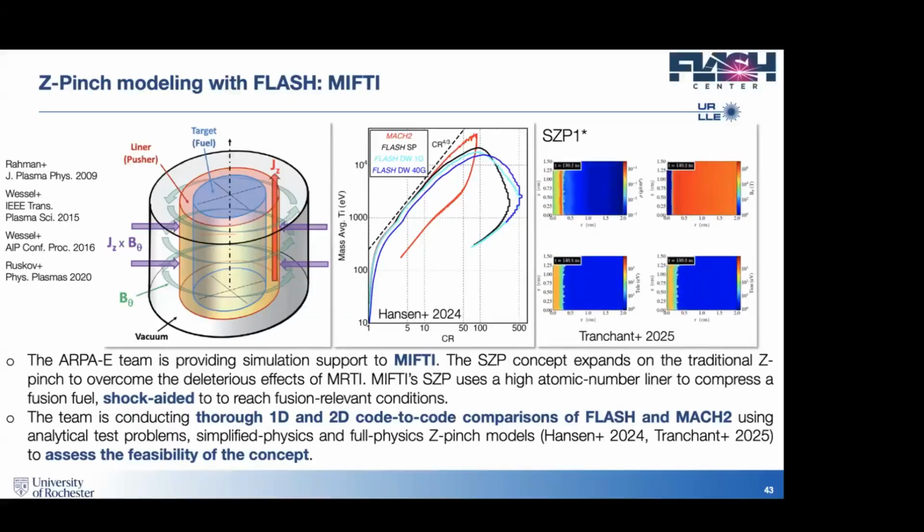So we have actually worked with a company called MIFTY to try and provide them with simulation capabilities to model their state Z-pinch idea of creating essentially a performant Z-pinch in 1 and 2 dimensions. This was a code-to-code comparison with Code Mach 2, and also a number of applications have been done for the experiments that they are running today.